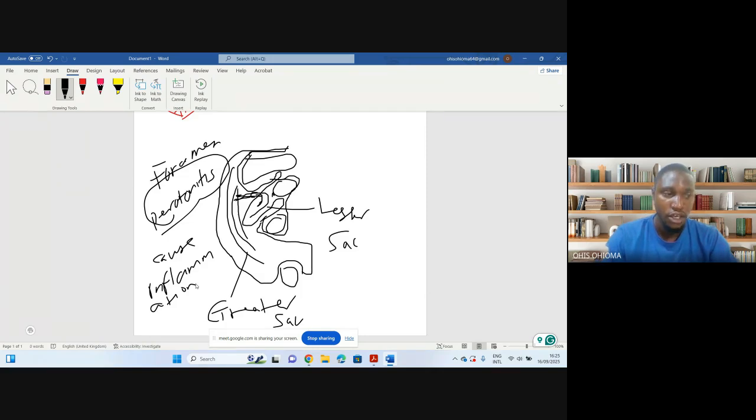Because if you don't check and then you close up, the patient might come back 2 weeks later with signs of peritonitis again, because the fluid from the lesser sac can just drain, and of course it has a lot of bacteria and inflammatory cells and can cause secondary peritonitis in a patient.